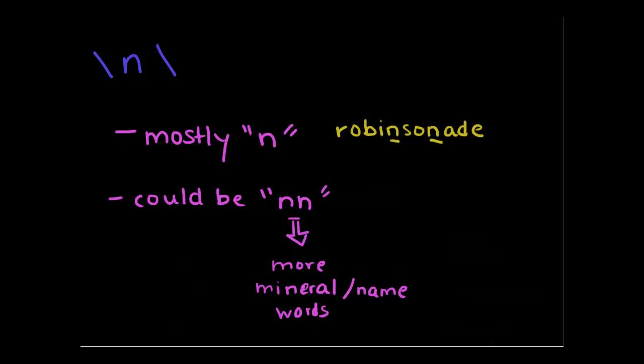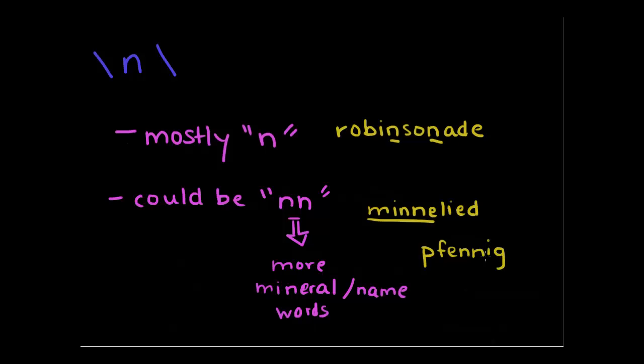Some examples with NN are Minnelied. Let me change my color. Minnelied. Here is an example where your knowledge of German roots could come in handy, because Minne, M-I-N-N-E, means love in German. So if you knew that, you'd know this is going to have a double N. That's one way to figure out if it's a double N. Pfennig is another example.